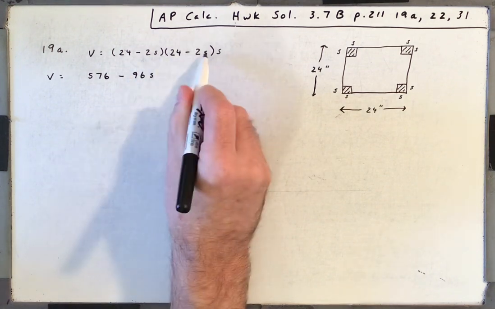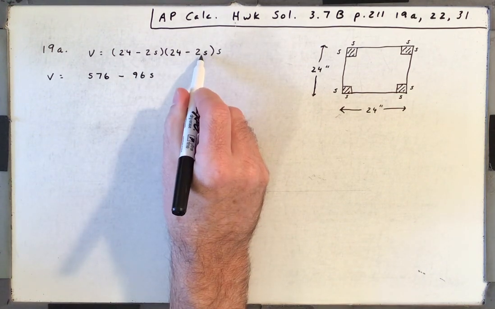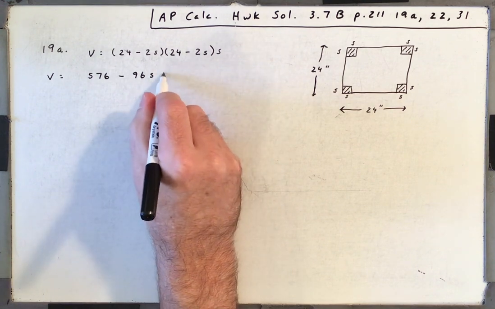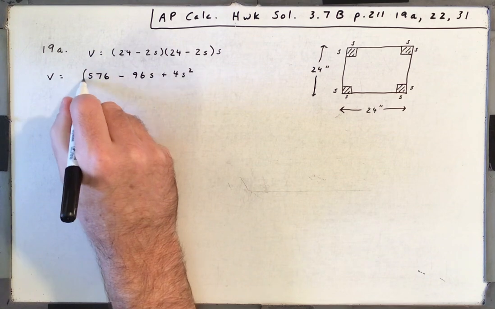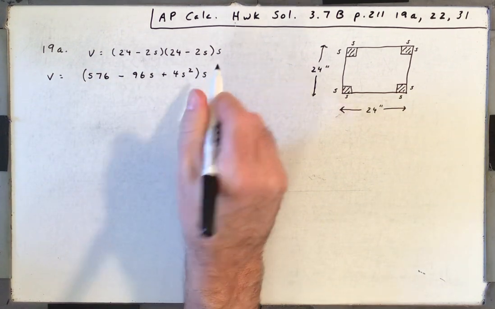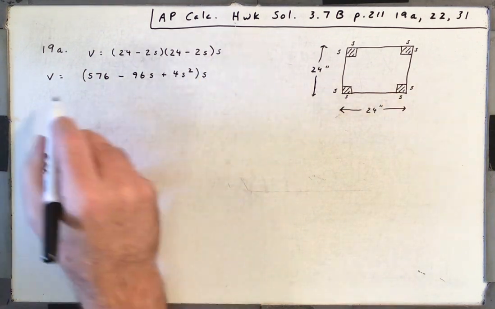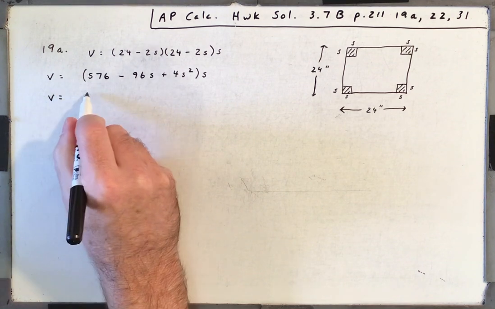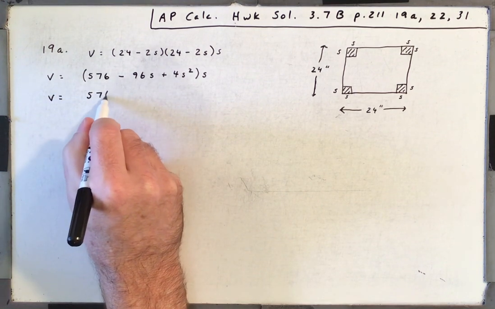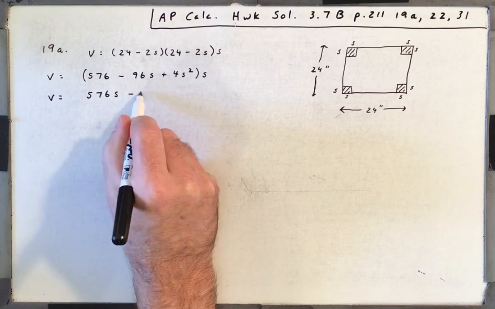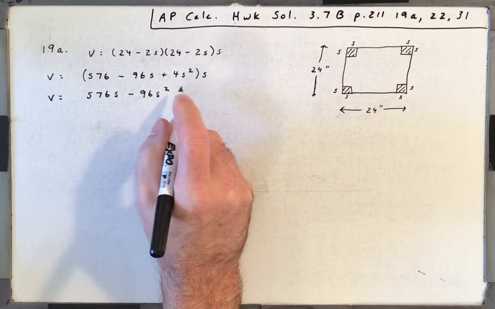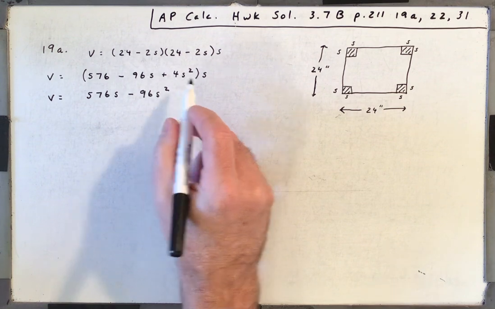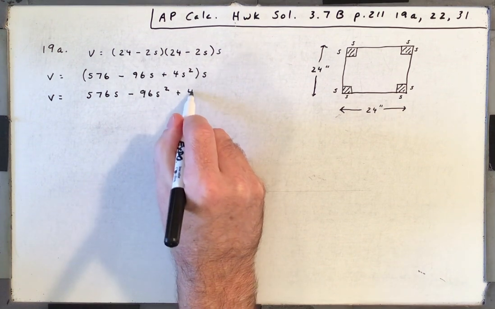And then negative 2s times negative 2s would be plus 4s squared. And then we'll multiply that by the s. So distributing that s, we would have 576s minus 96s squared plus 4s cubed.